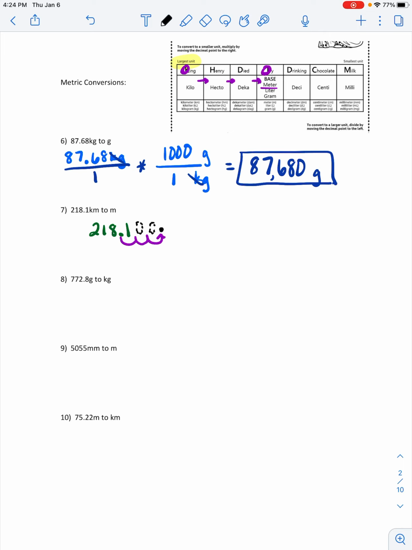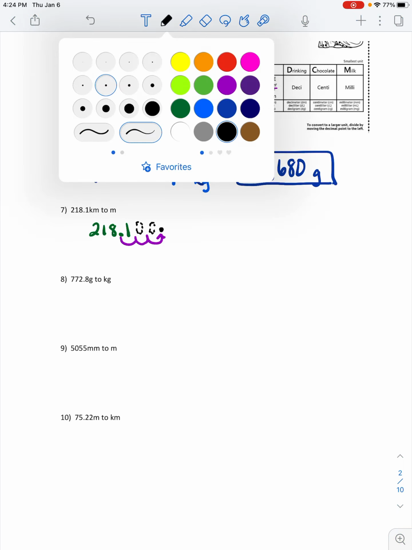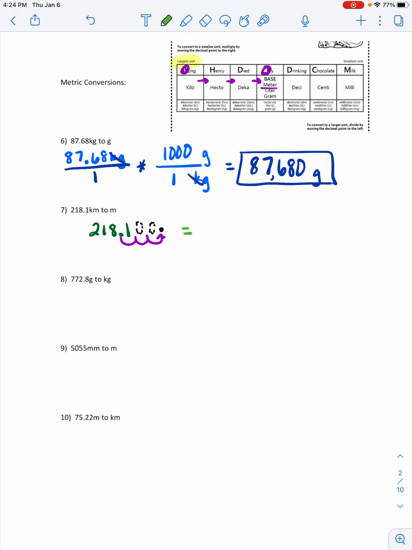So when I convert this from kilometers to meters, this is going to give me 218,100 meters.